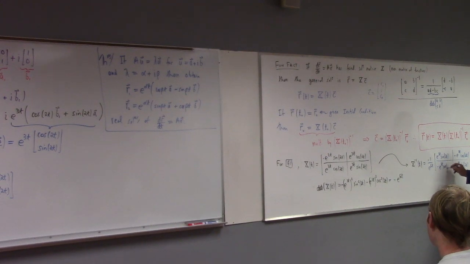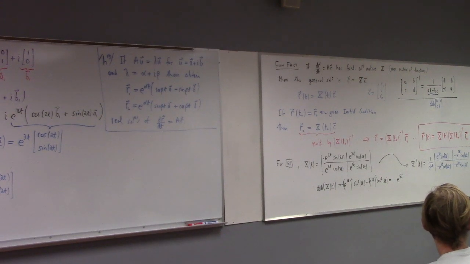Now let's simplify this because it's kind of a mess. So what's the inverse of the solution matrix here? We find X inverse of t is equal to, if we clean it up, bring the minus in, cancel the exponentials. In fact, I'm going to keep that exponential outside, if you guys don't mind.